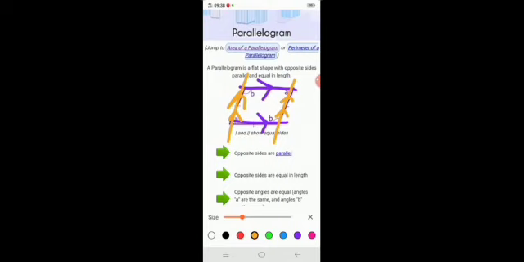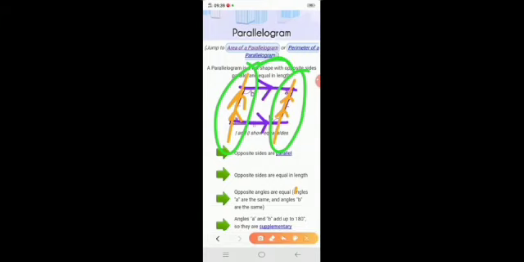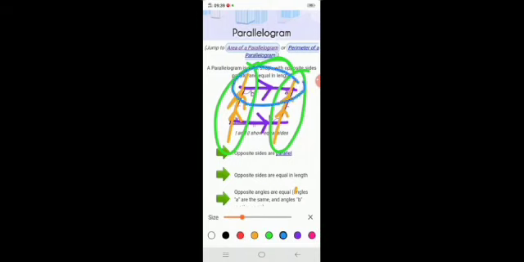To represent one pair, मुझे अगर एक पेयर दिखाना है, I'm going to use single arrow. But when I want to show a different pair of parallel lines, I'm going to use double arrows. So when I'm using this double arrow over here, this shows that they are the same, and when I'm using single arrow, this shows that I'm referring to these two lines.